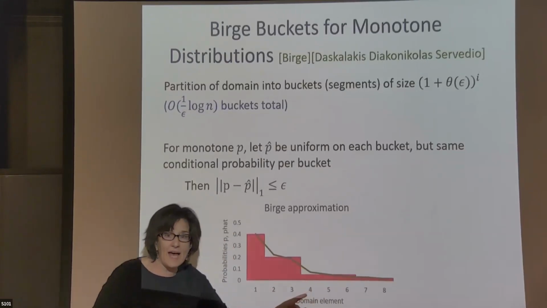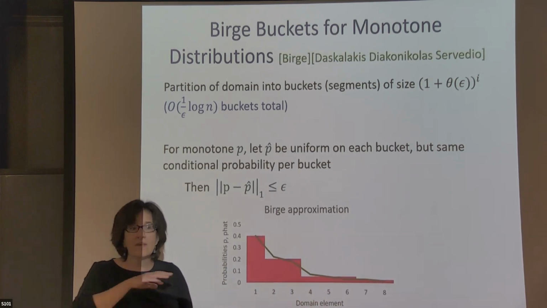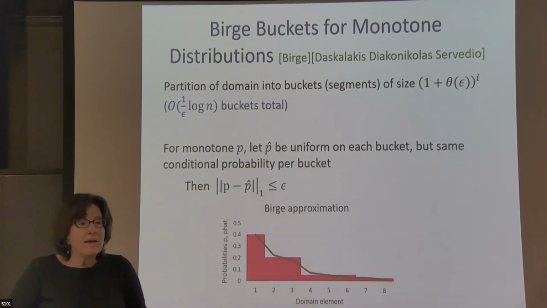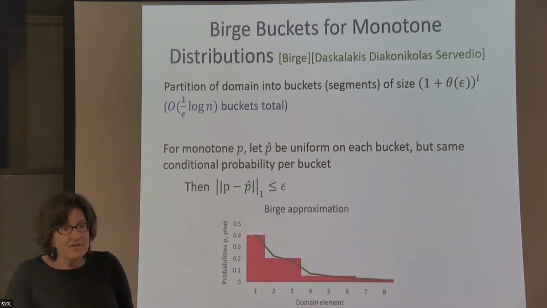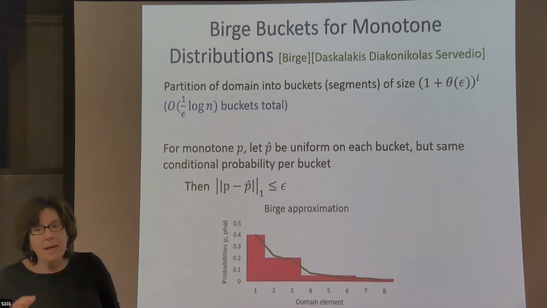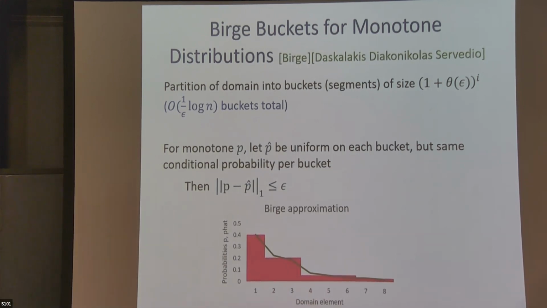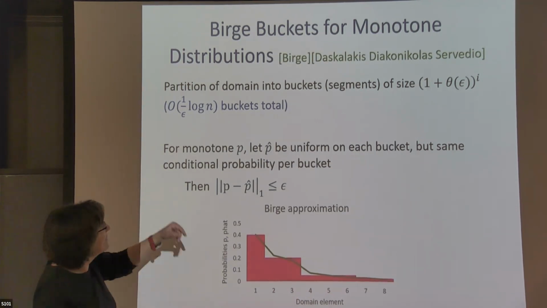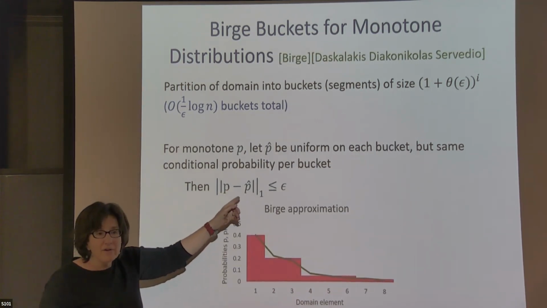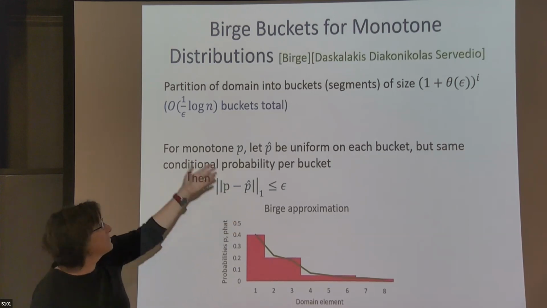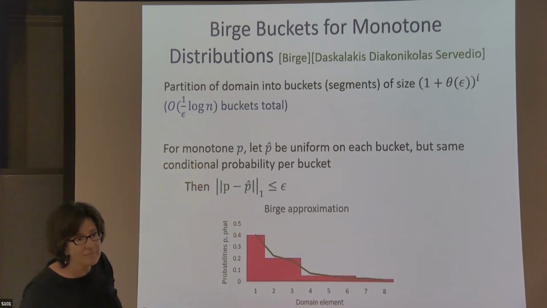So that's P hat. It's an approximation that, conditioned on being within a partition, is uniform, but the weights of each partition are determined by P. And what they showed is that P hat and P are close to each other in L1 distance, if you pick the buckets in that way.